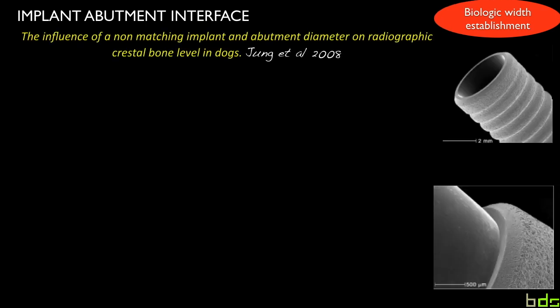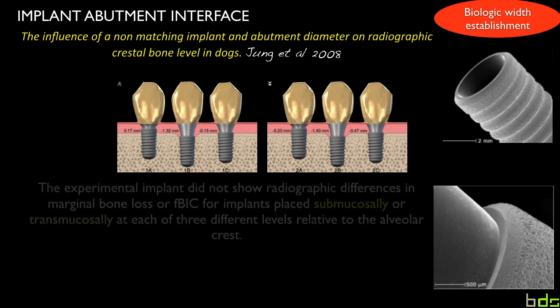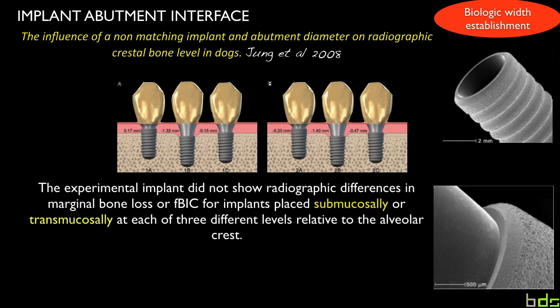Later on, in the literature, Jung in 2008 talked about the implant abutment diameter in regards to the implant position in bone. So here, three different implants positioned in the same model, a dog model.